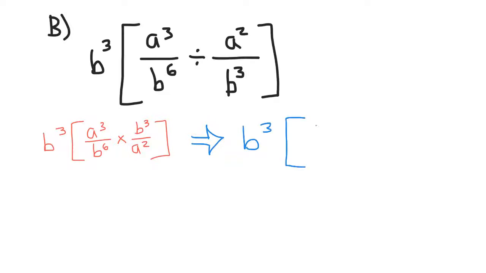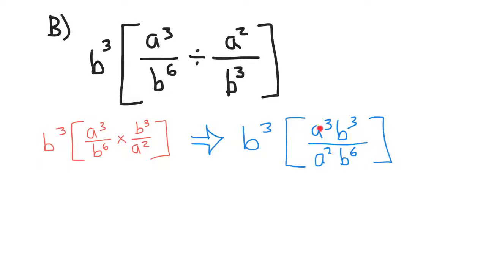But really we have a to the third times b to the third all over a to the second times b to the sixth, because at the end of the day, this is just a fraction multiplied times another fraction. What do you do? You multiply straight across. A to the third times b to the third is right here. B to the sixth times a squared is right here. Now, I changed the order so that I could stack the a's directly on top. I didn't really need to do that, but I think it's helpful to understand what happens next.